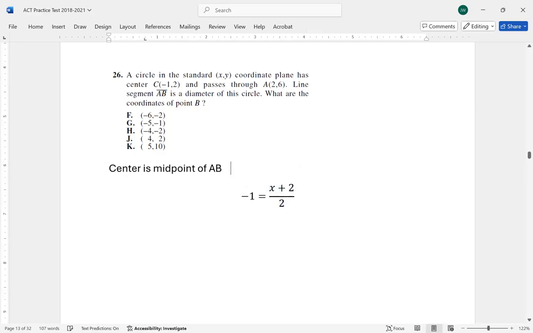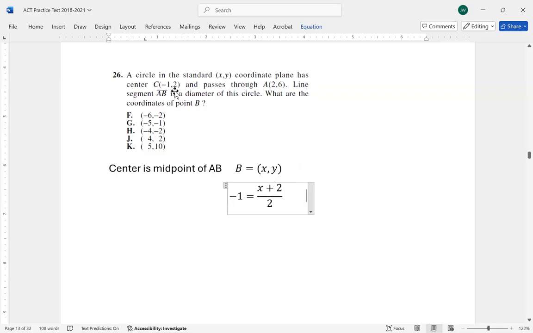Again, I'm assuming that B is some point (x, y). We're looking for the coordinates there. So that gives us what we end up with here for the x value.